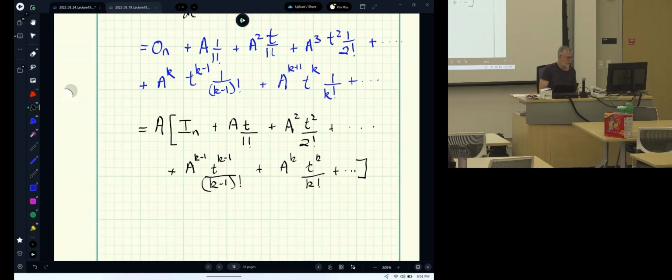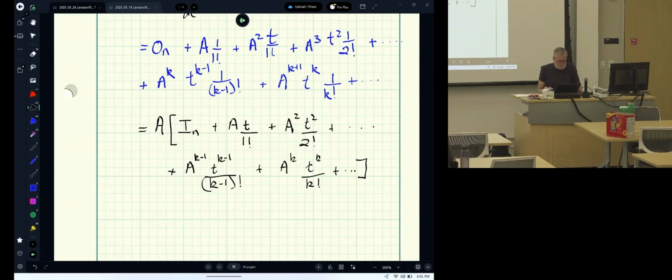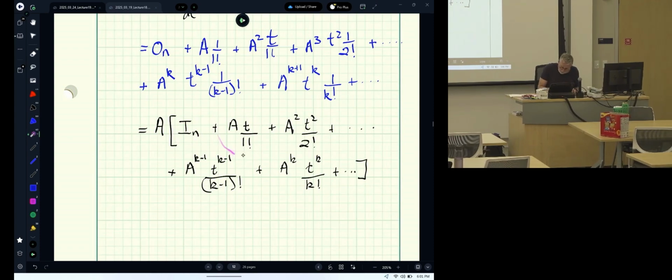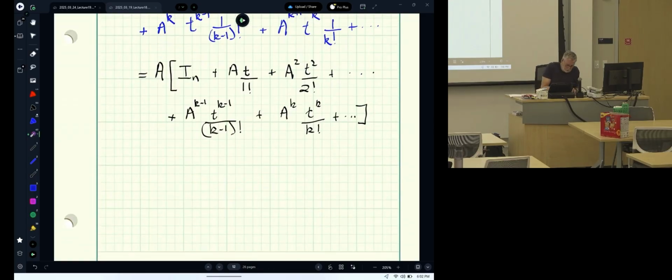Okay, I know, it's like pulling teeth. I'm dragging you through this derivation, but I want you to understand that it's not magic. Now, when I add up the identity plus At over 1 factorial plus A squared t squared over 2 factorial, dot, dot, dot, A to the k, t to the k over k factorial plus dot, dot, dot, isn't that amazing?